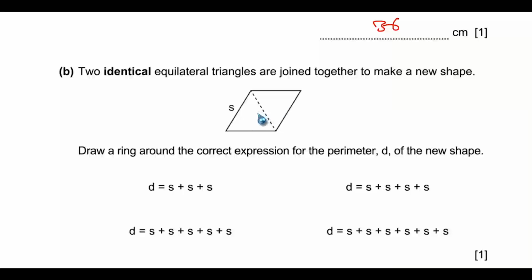So the implication is that this side will be equal to this side, because this and this are identical, and of course parallel sides or opposite sides are similar. So this will be this, and then this will be this. Okay, so this will be the correct option. The perimeter is the addition of the 4 sides.